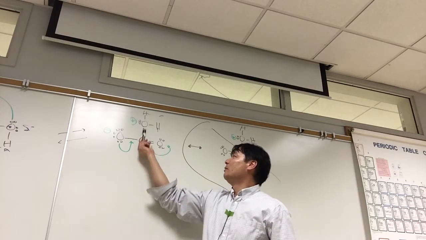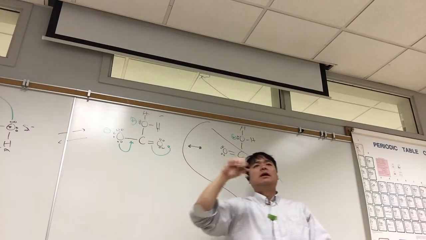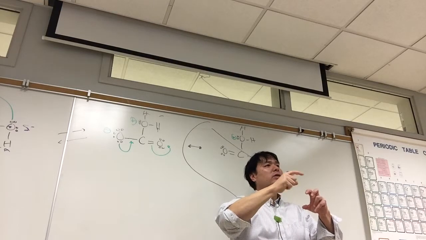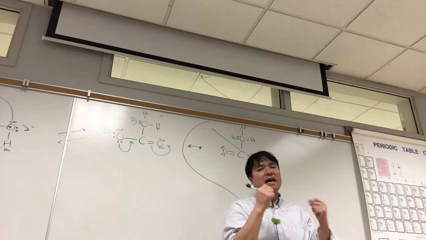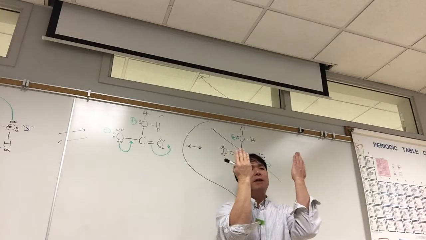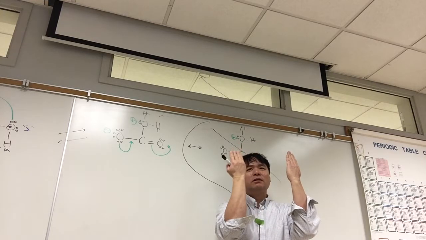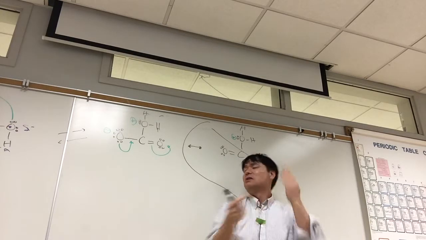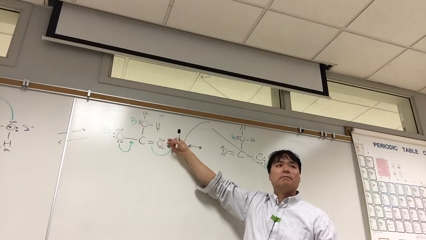So about single bonds, there's always free rotation. How about a double bond? If we were to rotate one of these atoms on a double bond, would that break the orbital overlap? Yes. And so there's no free rotation about the double bond because you've got the pp pi bonds. If you start to rotate one of them and not the other, the p orbitals are no longer lined up. You're going to break the bond. And so in order to rotate this, we'd have to break the pi bond.